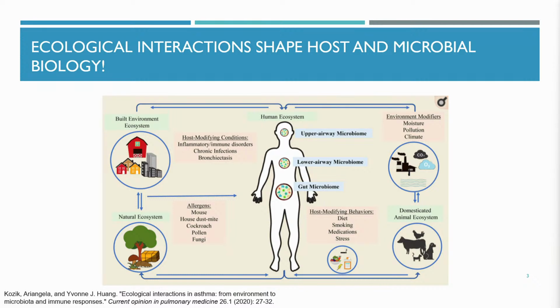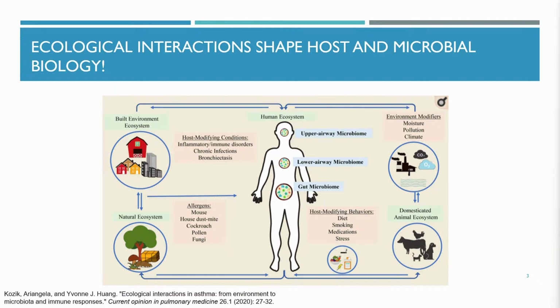There are certain allergens that can influence the ecosystem within us. People can be allergic to mice, dust mites, cockroaches, pollen, egg white protein, which is called ovalbumin, and then fungi. Fungi is listed under allergens, and the person who made this figure is Ari Kozik.